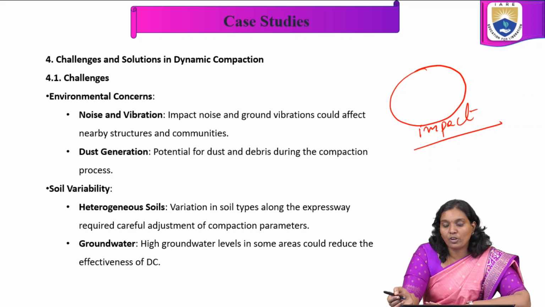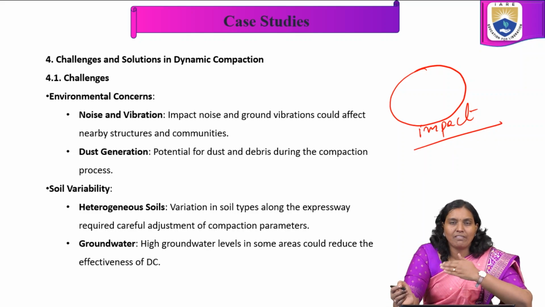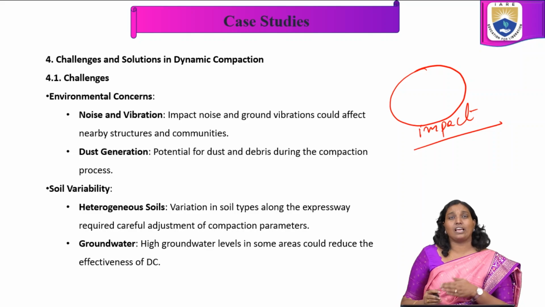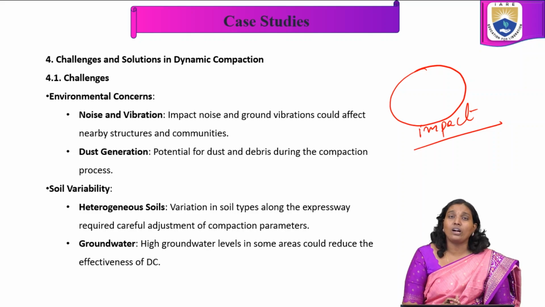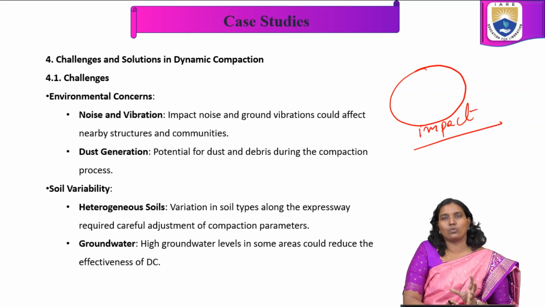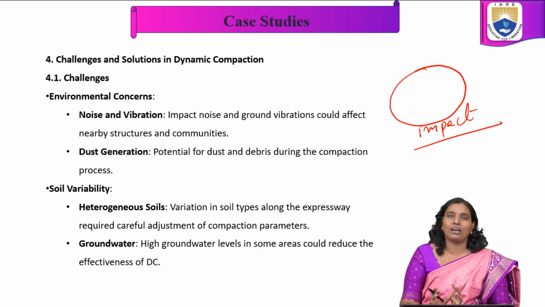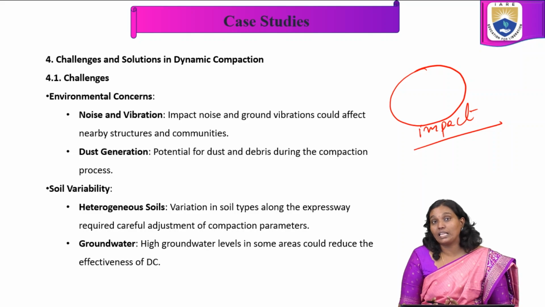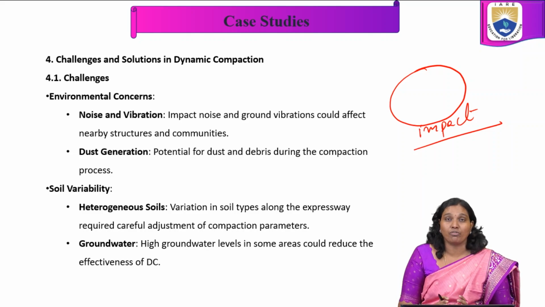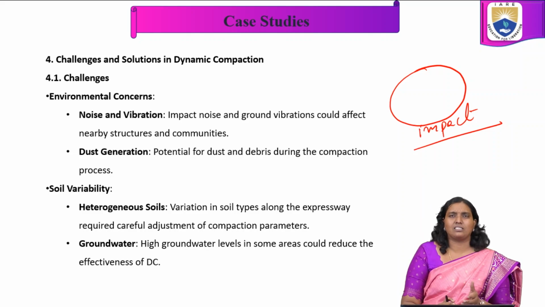The nearby surroundings experience this. Any heavy or light structures nearby, whether they can bear these heavy impact loads or not, also plays a role, because it may destroy nearby small structures, or sheds without foundations like the parking areas we provide; they may be disturbed.